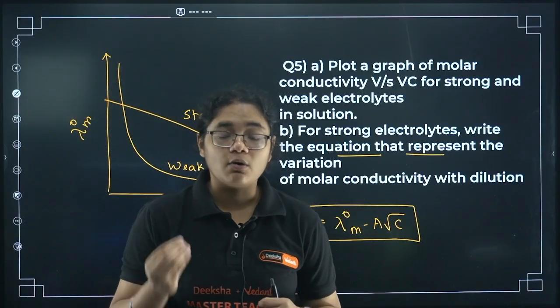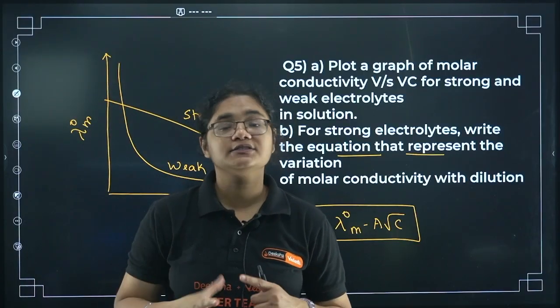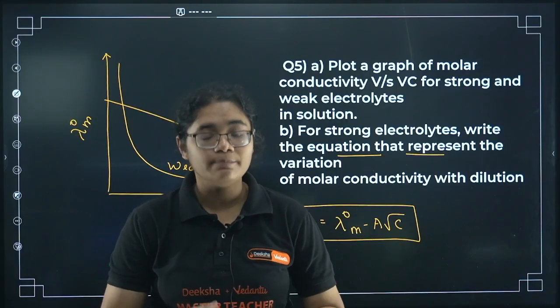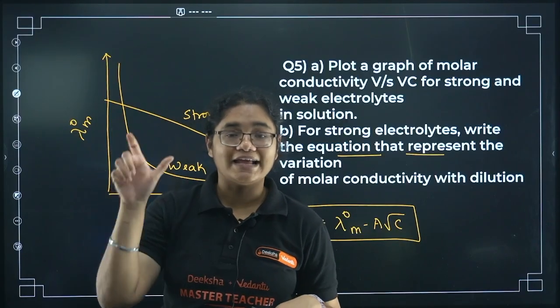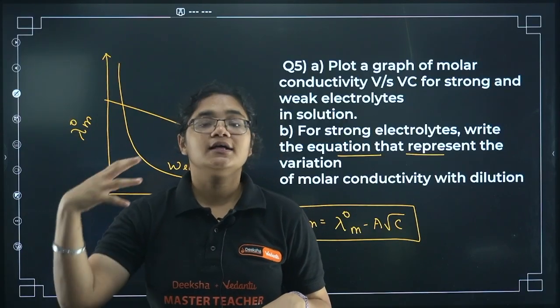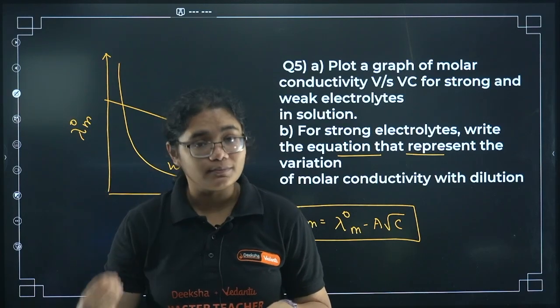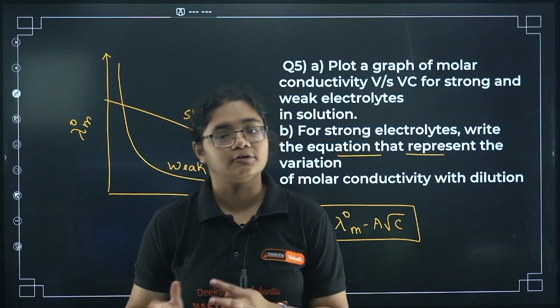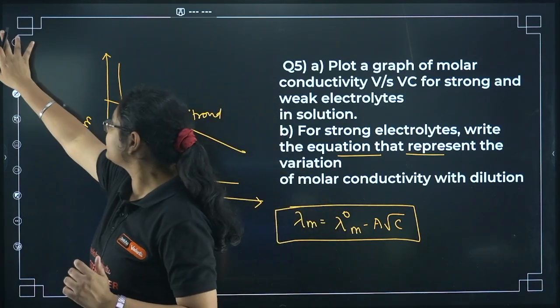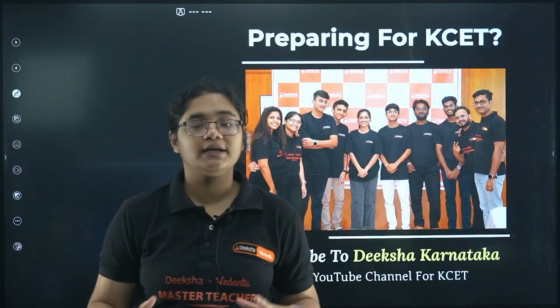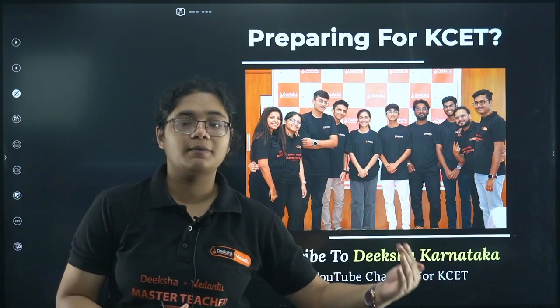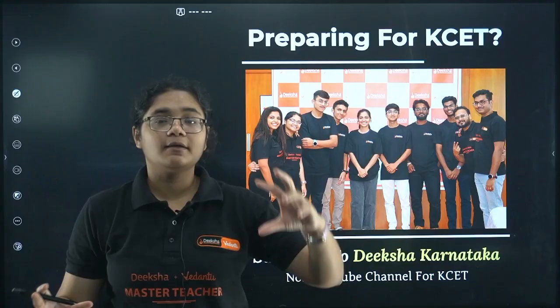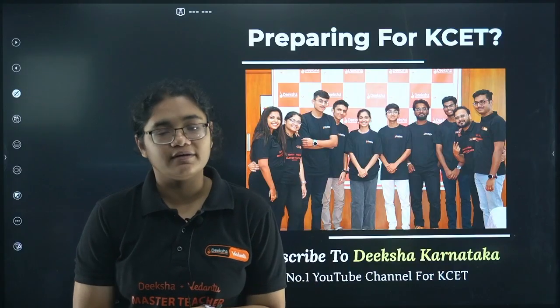In that I have taken all the difficult questions and numericals of electrochemistry. You can watch that video, or if you go to the live section, there also I have given questions on electrochemistry numericals especially. You can learn from there too. Here in this video I have not included numericals knowingly because that is slightly on the tougher side, and this is just the basic things that you must cover before exams.